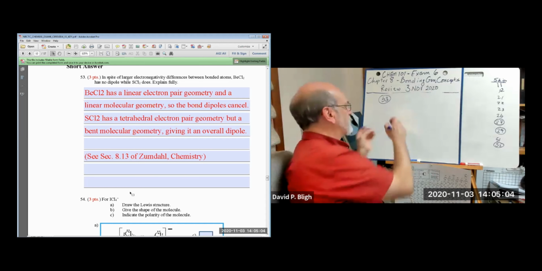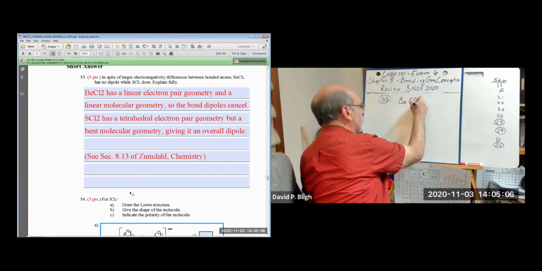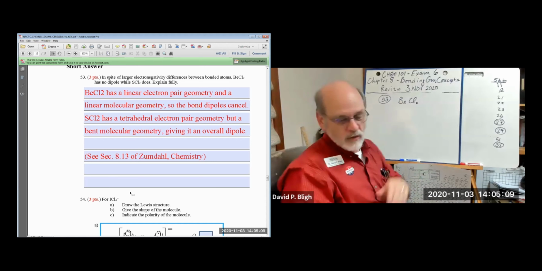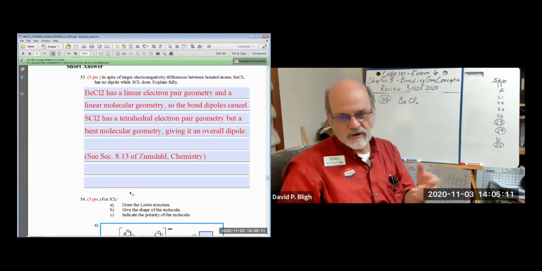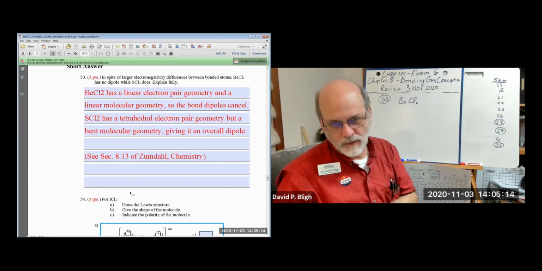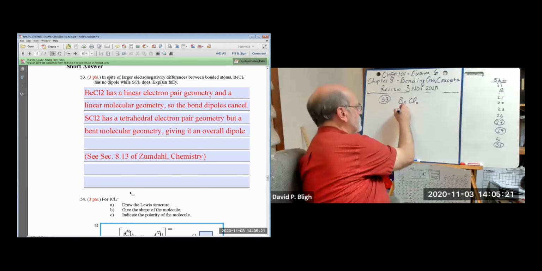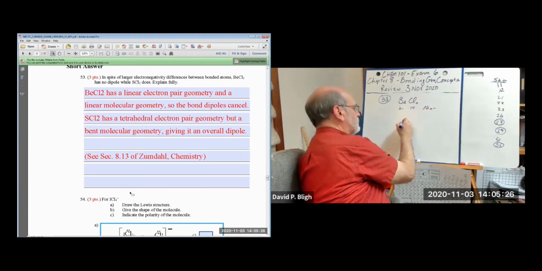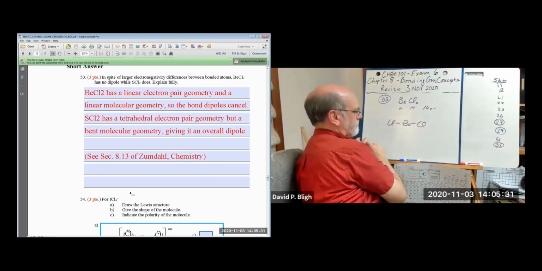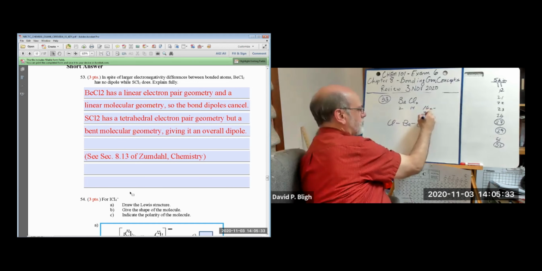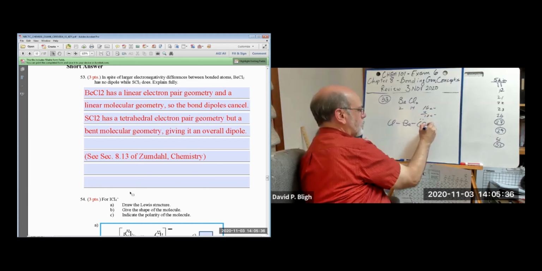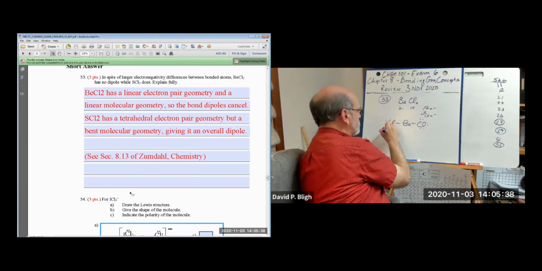So beryllium chloride is going to have a structure which is, well, beryllium has 2, 7 here, so that's 14, 16 electrons. All right, 2, 4, 12. Okay. 2, 4, 6, 8, 10, 12.